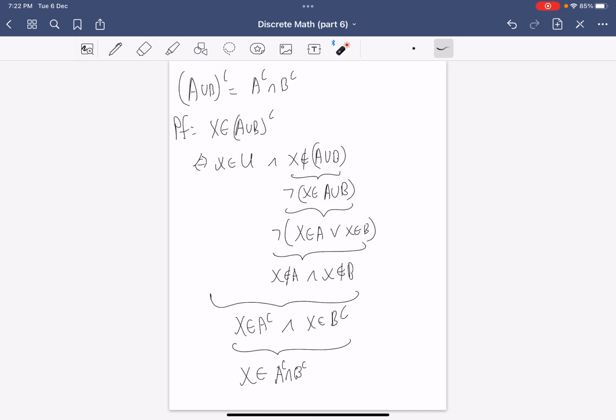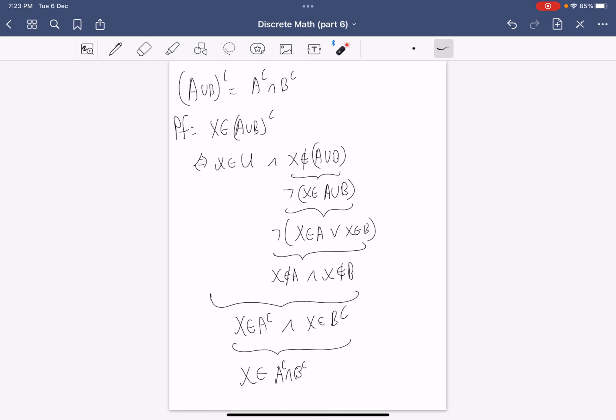So you can see how proving theorems about set theory is very similar to proving logic laws. You just need to follow through the logic, which is why we have done that earlier, and see that x is not an element of A and x is not an element of B. And by definition, this means that x is an element of A complement, because it's already an element of the bigger set, but it's not an element of A. Similarly, x is an element of B complement, and together that means x is an element of A complement intersect B complement, since it lies in both.